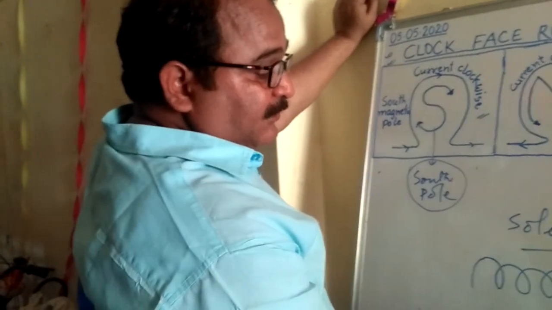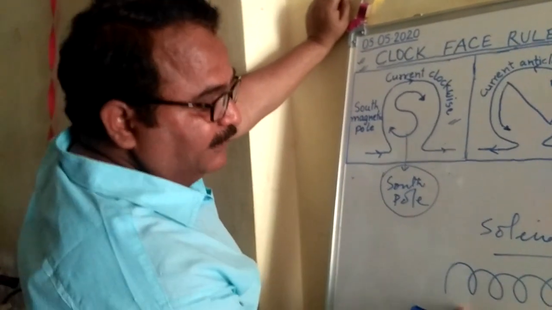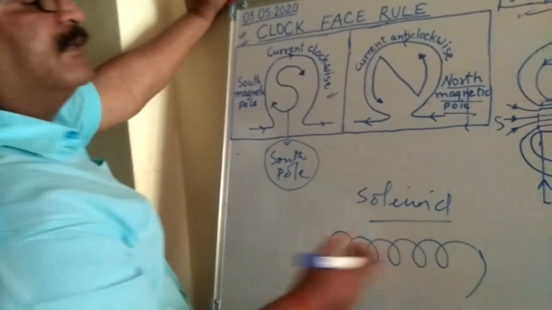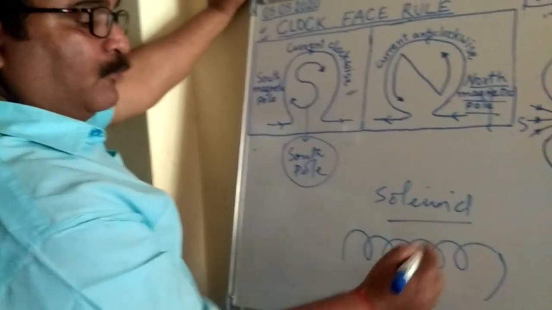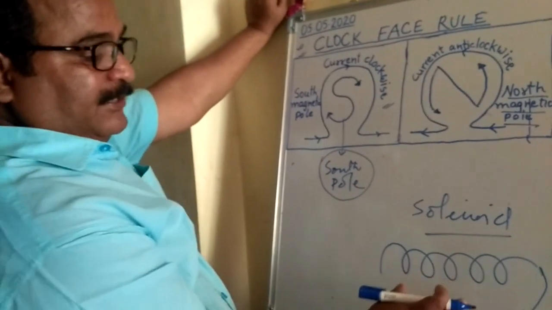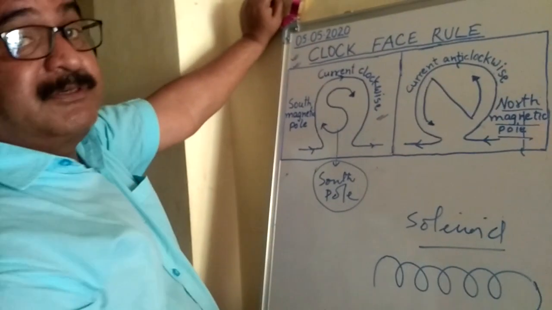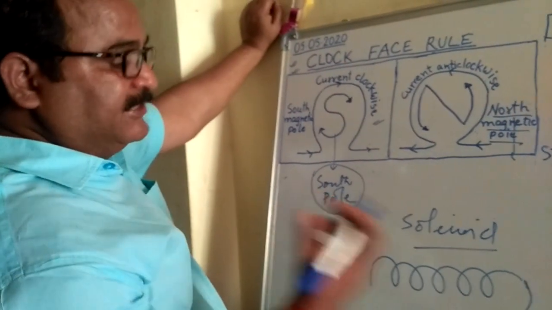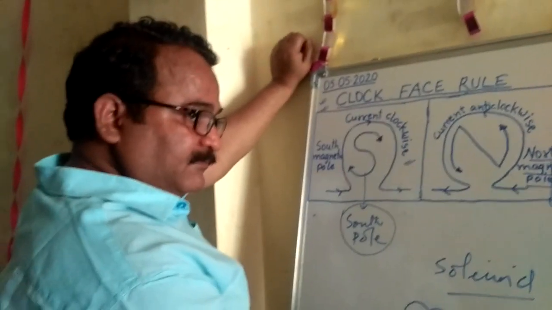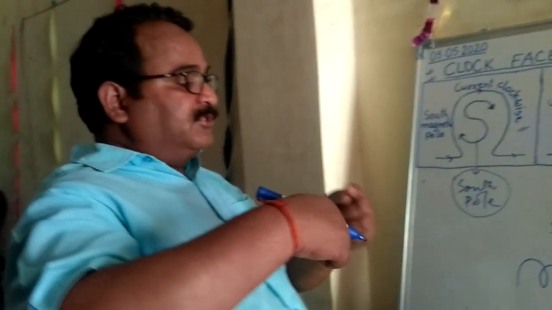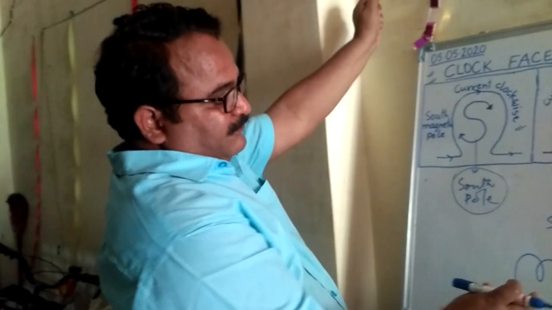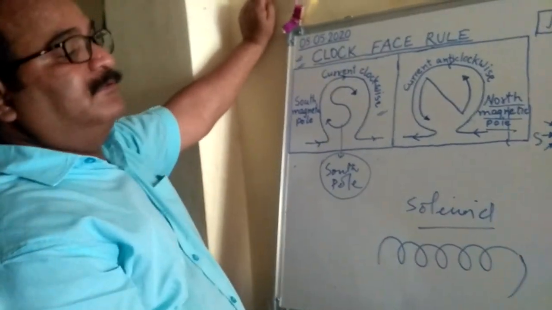We can change its strength by changing different factors. When we add more and more current into it, the solenoid becomes stronger in its magnetic field. And when the number of coils is increased, its magnetic behavior is also increased.